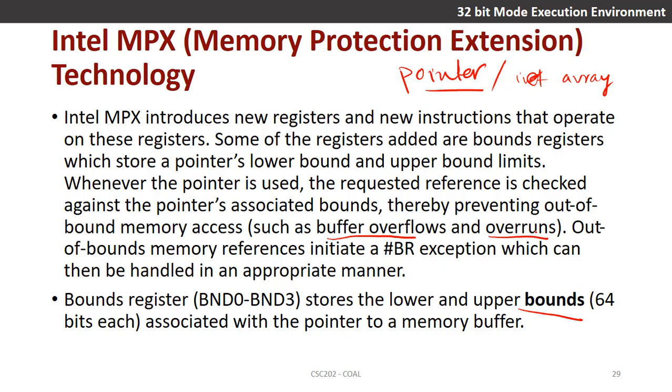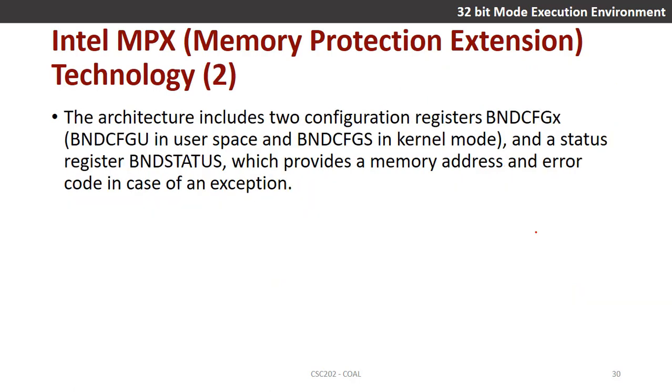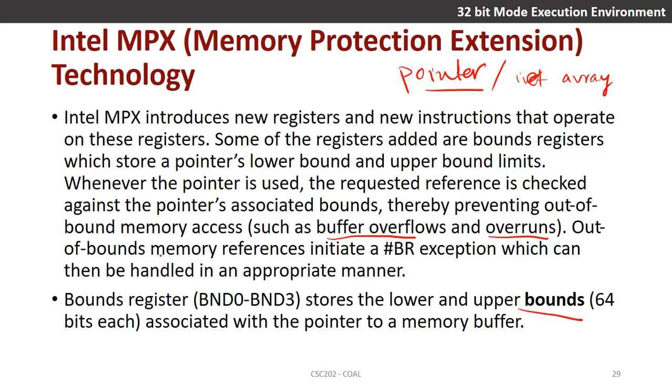What it does is maintain another set of registers, the 4 registers BND0 to BND3, that store the upper bound and lower bound of a pointer. For instance, you have declared a pointer and pointed it to a memory location.